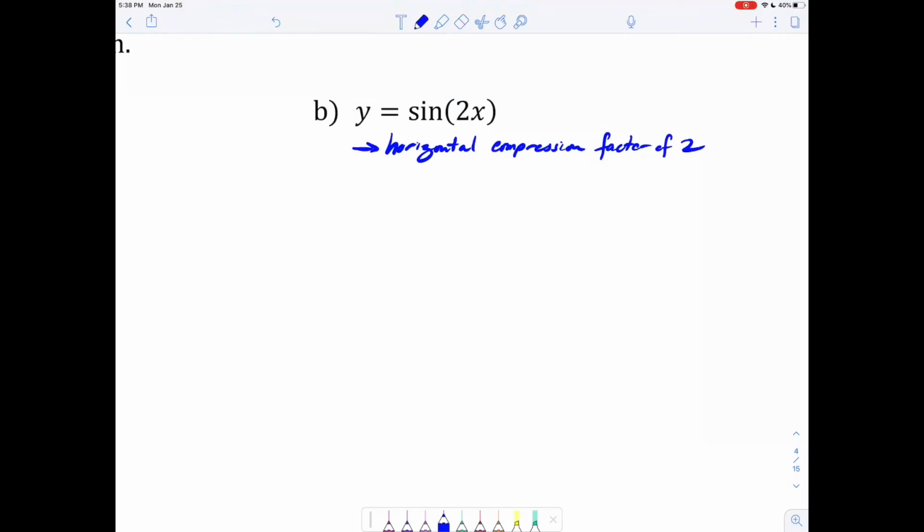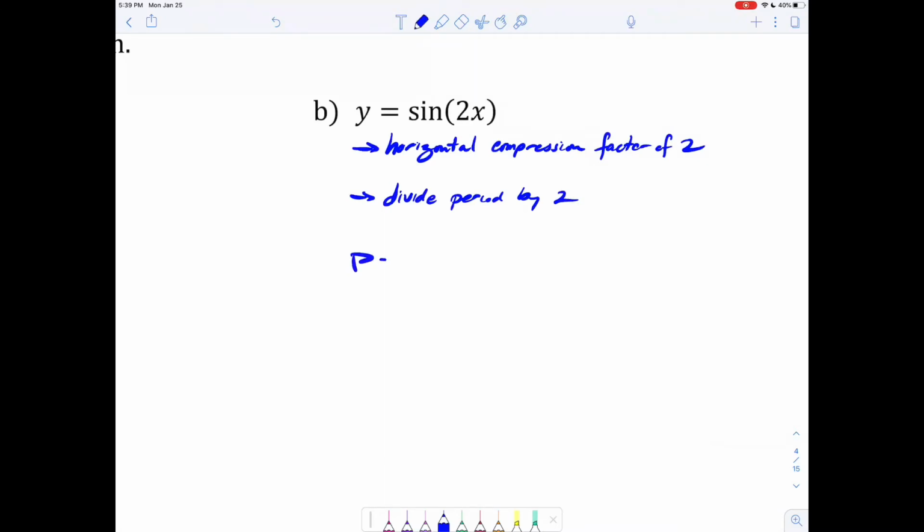That means that all horizontal aspects are going to be squished by a factor of 2. The period is a horizontal measure. That means we'll be dividing the period by 2.